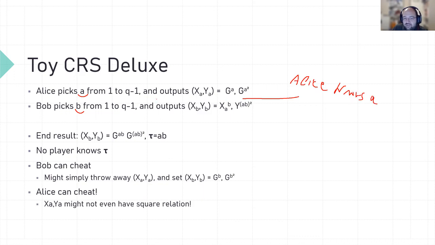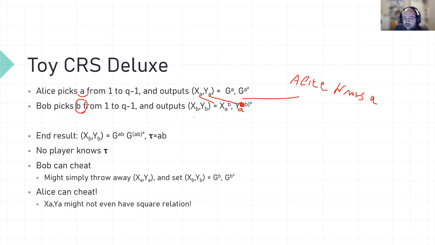But then we pass this off to Bob. So Bob takes Alice's reference string, which is XA, YA. He creates his own random value, which is B, and he raises the first part to the power of B, and the second part to the power of B squared. This actually should be YA to B squared.